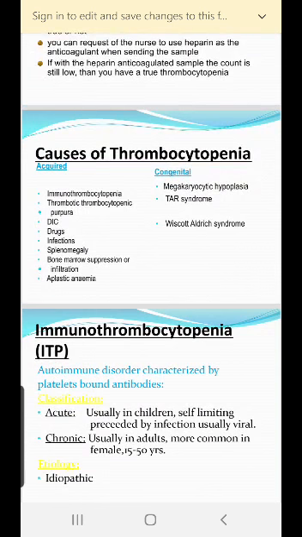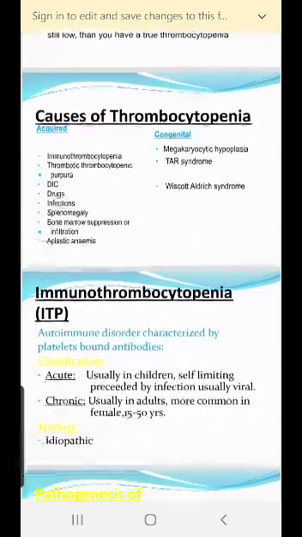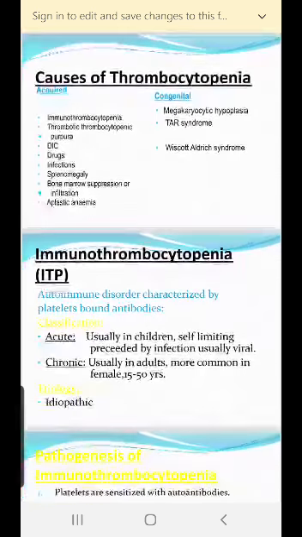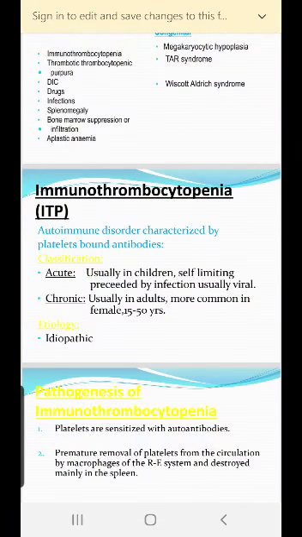So that is why the patient presents with DIC, bleeding. So in DIC, what happens? There is a thrombosis and there is a thrombocytopenia. Okay, so drugs, infections, splenomegaly, bone marrow suppression, and aplastic anemia. While in congenital, we have TAR syndrome or Wiskott-Aldrich syndrome, a little bit of which we will touch on a bit later.